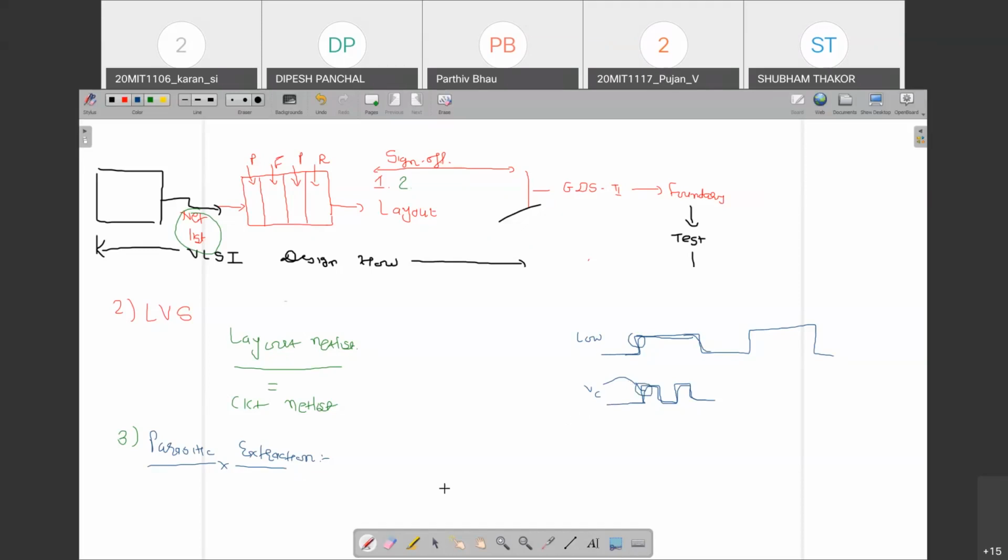So whenever we design the layout, with the help of software, we have to add the parasitic. This process is called parasitic extraction.